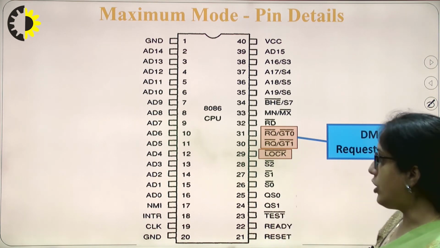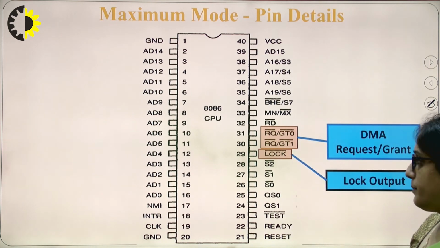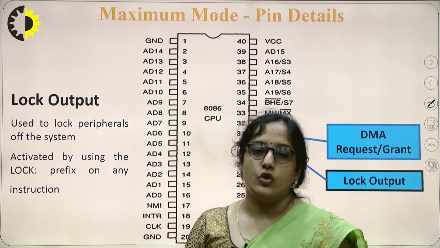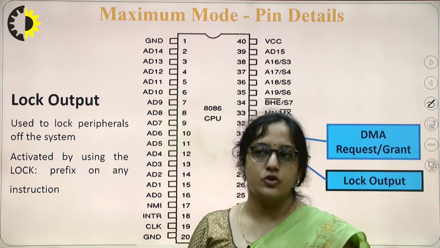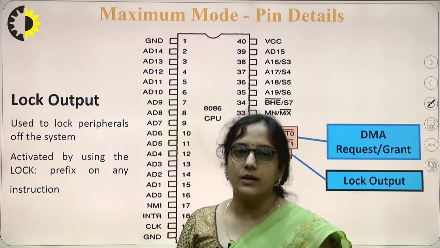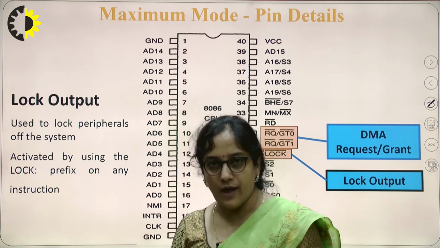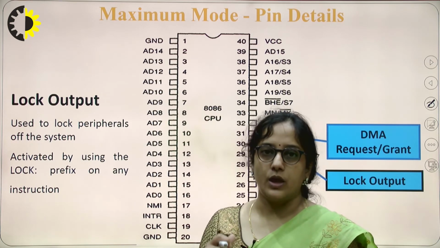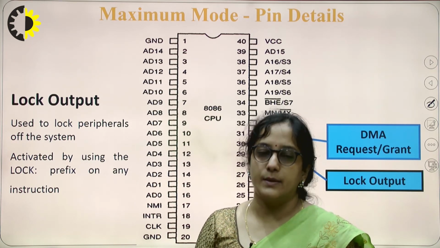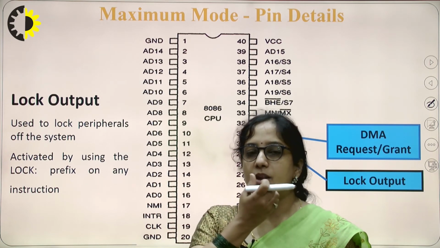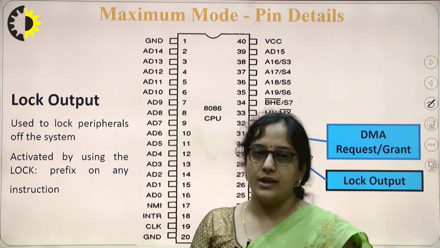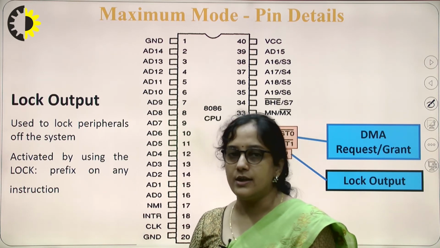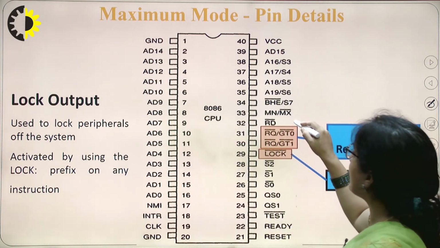Next is LOCK. This LOCK is an output pin. It is used to lock the peripherals of the system. Whenever the microprocessor does not want to be interrupted by any slow peripheral device during its process, then in our program we will write a LOCK instruction, which will lock the peripheral devices so that they will not interfere with the working of the 8086, meaning they can't send any request.